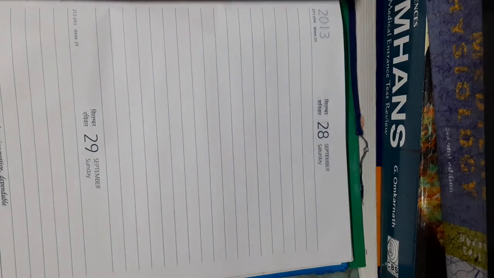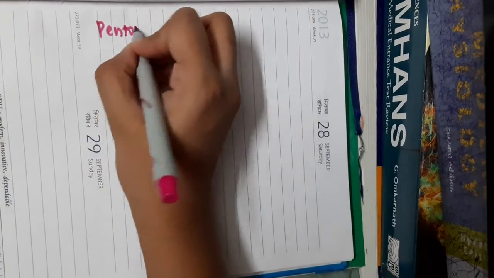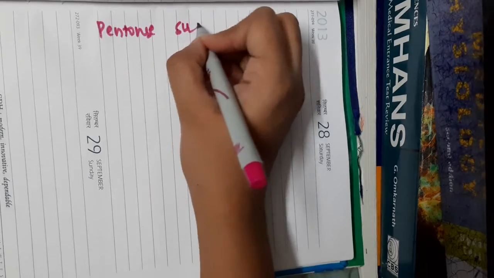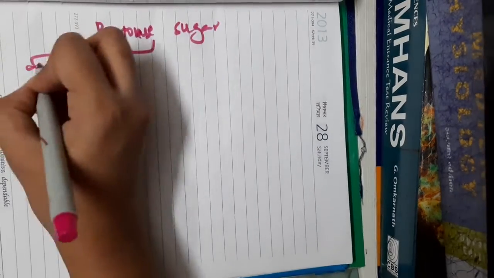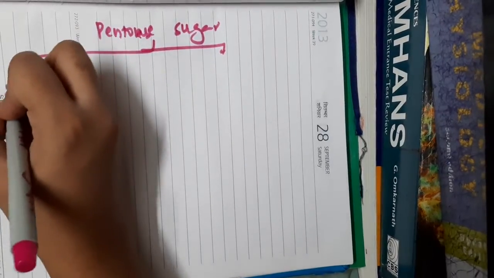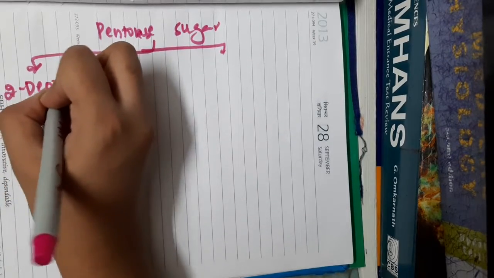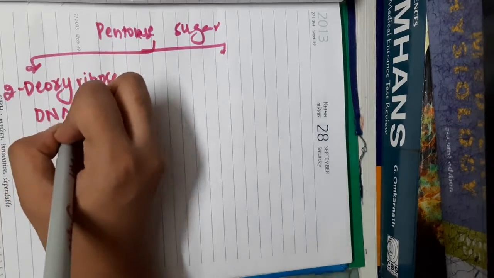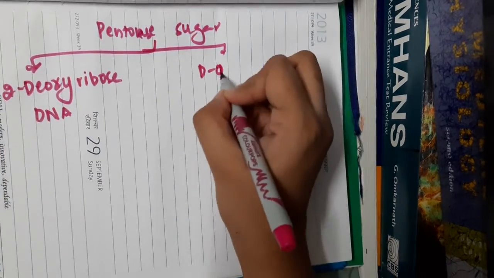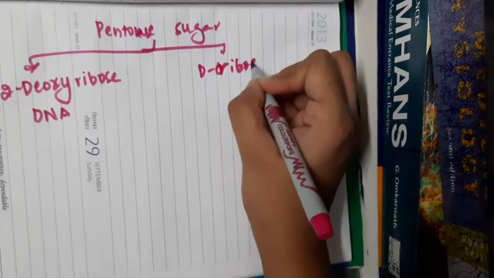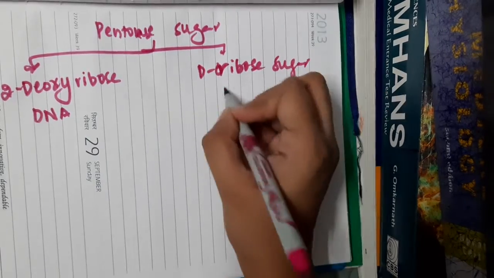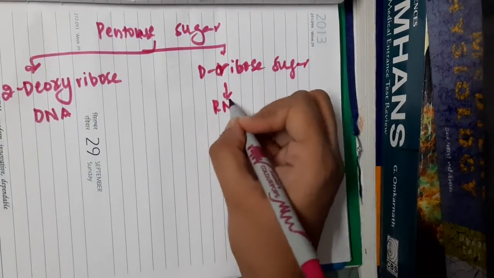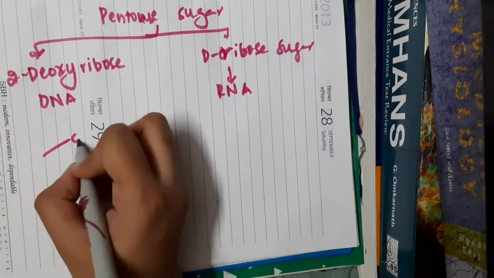Then we will see the structure of pentose sugar. The pentose sugar can be divided into 2 types. We have 2-deoxyribose sugar, which is present in DNA. Then we have D-ribose sugar, which is present in RNA. So I will draw the structure of both of them.